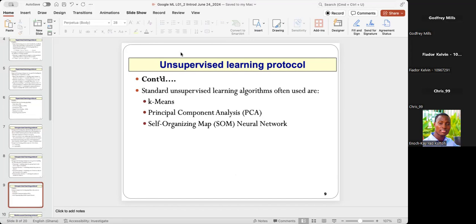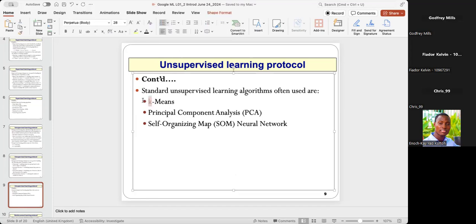Now, some of the key unsupervised learning algorithms that are used, one of them is what we call the K-means algorithm. We use it for unsupervised learning. Then we also have what we call principal component analysis.